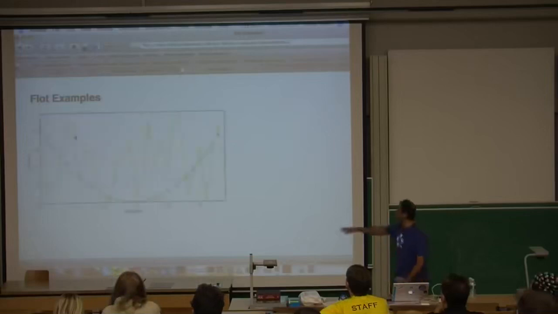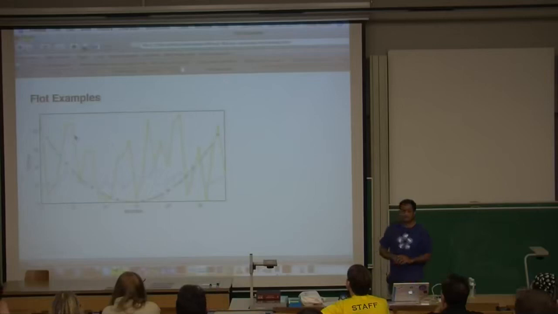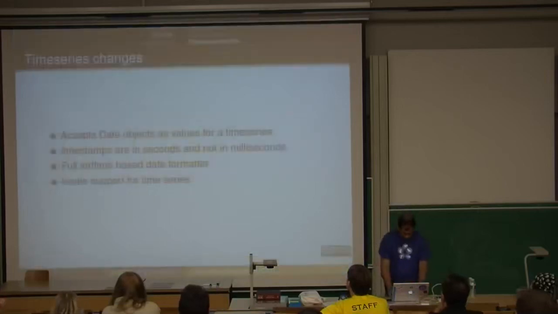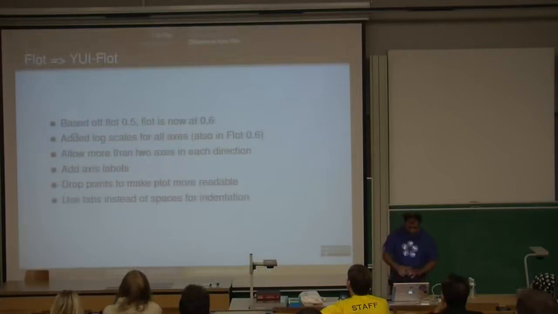Yeah, so if you look at this, you'll see a number at the bottom there. And that's the x-axis label and series on the left over there, which is the y-axis label. So that's something that was added, axis labels.